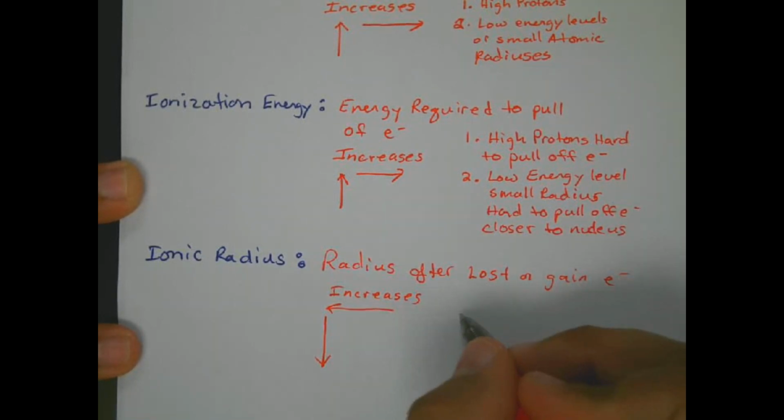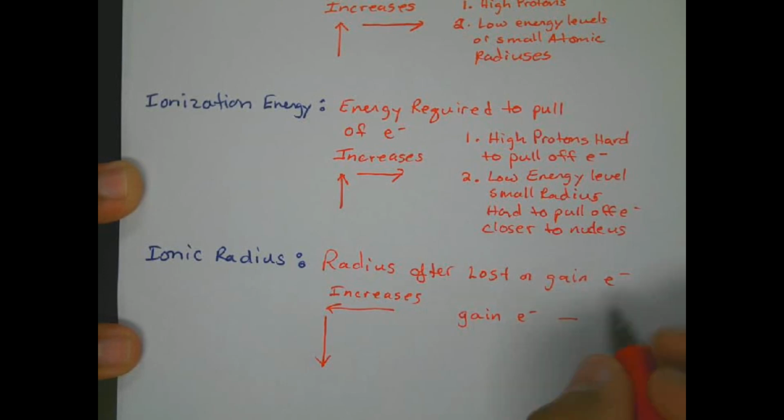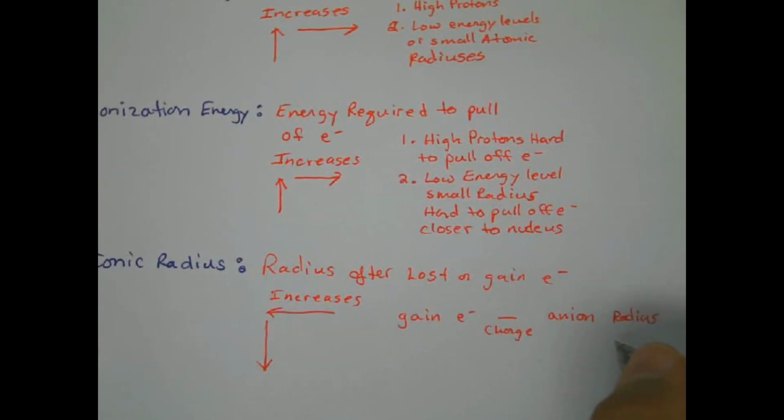But the real things you need to memorize is when you gain an electron, you take on a negative charge, and we call that an anion. And when you gain an electron, your radius gets bigger.